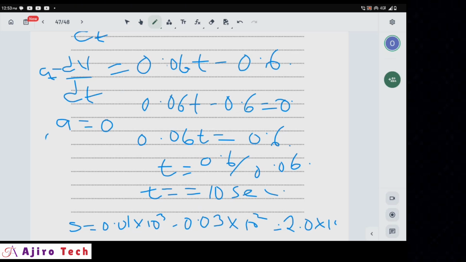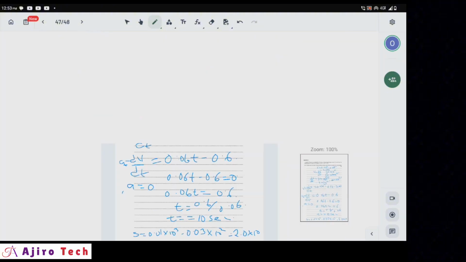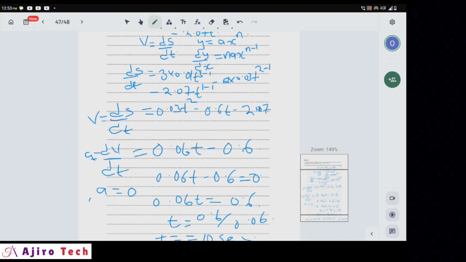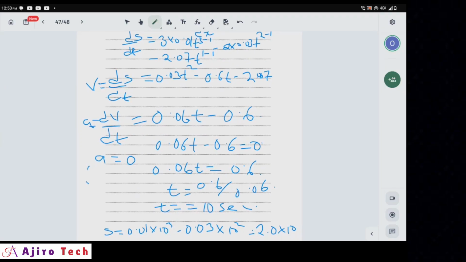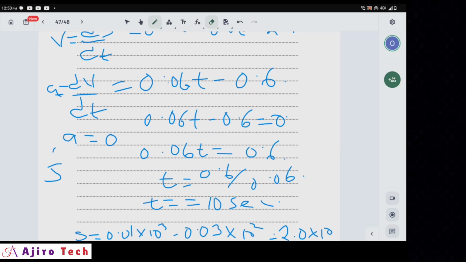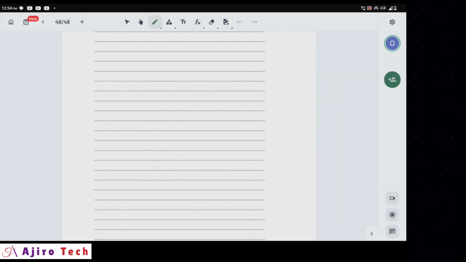So when you solve this using your calculator, you should be able to get your distance x as minus 40.7 meters.